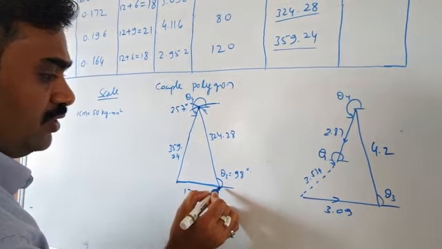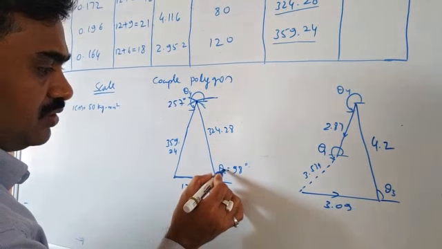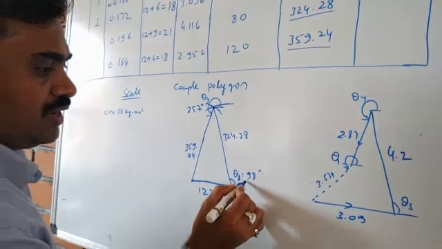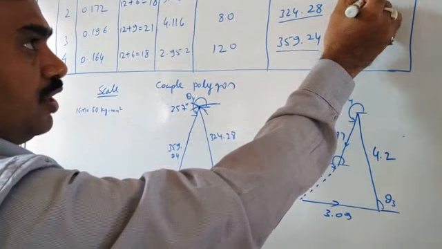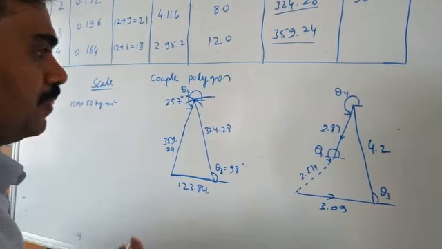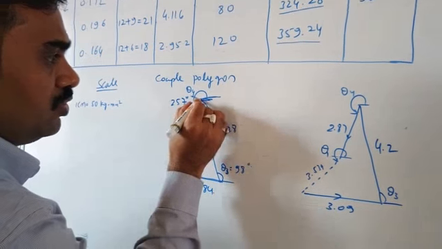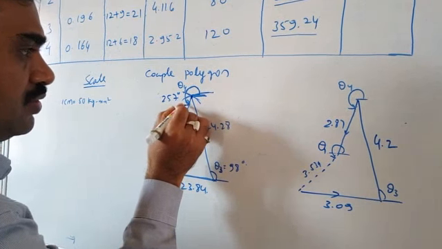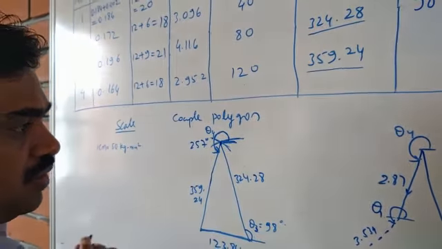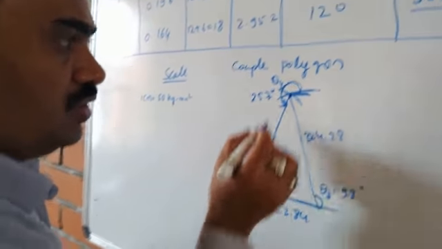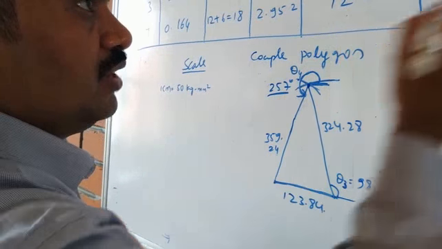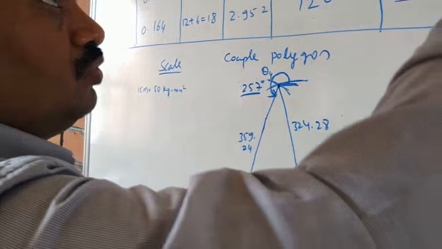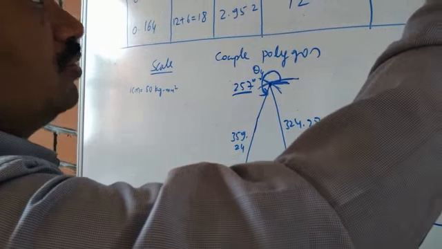After joining, find this angle. This is angle theta 3, and according to this calculation we get 98 degree. From this horizontal reference line you measure this angle, theta 4, which we get as 257 degrees. Now we are left with this angle.